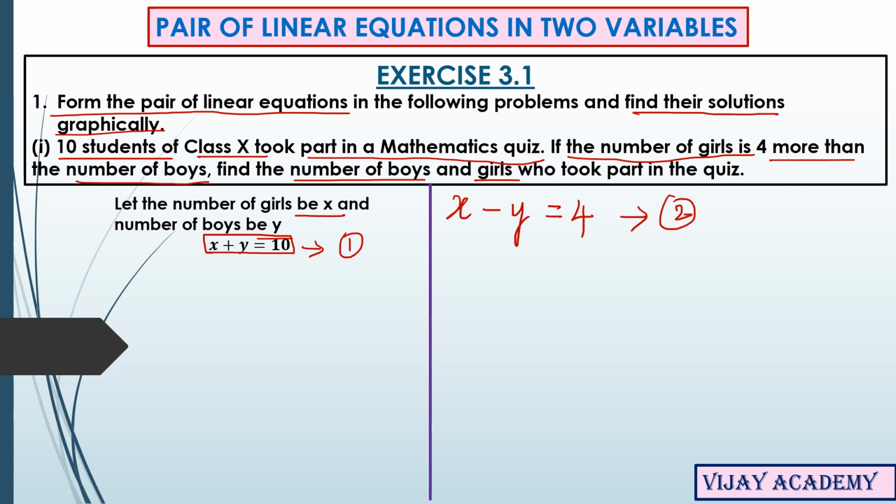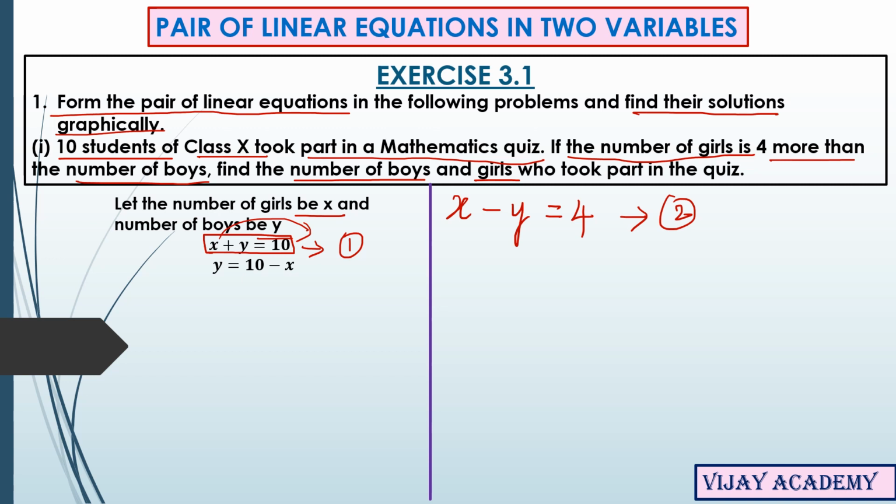To find the solutions of any equation, the easy method is to first write the equation for one variable, that means write a variable in terms of the other variable. For example, we take y on one side of the equal sign and the constants and x on the other side. If you transpose x to the RHS, we get the equation for y. It is like this: y equals 10 minus x.